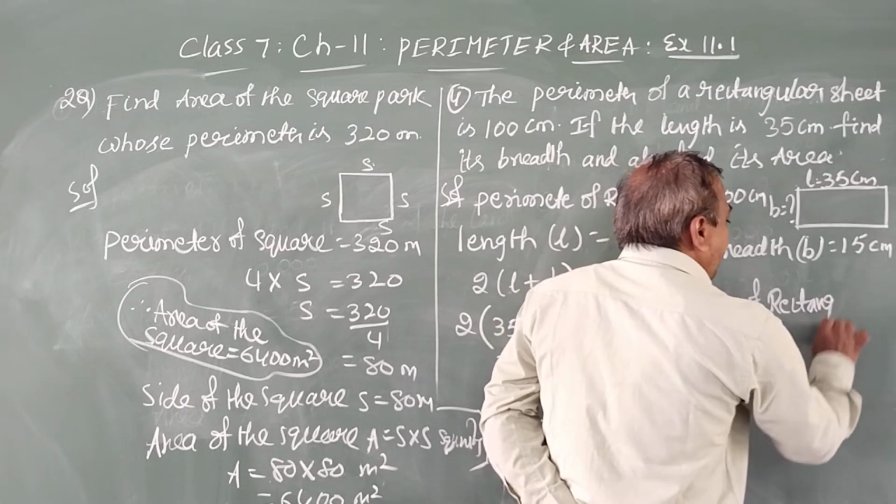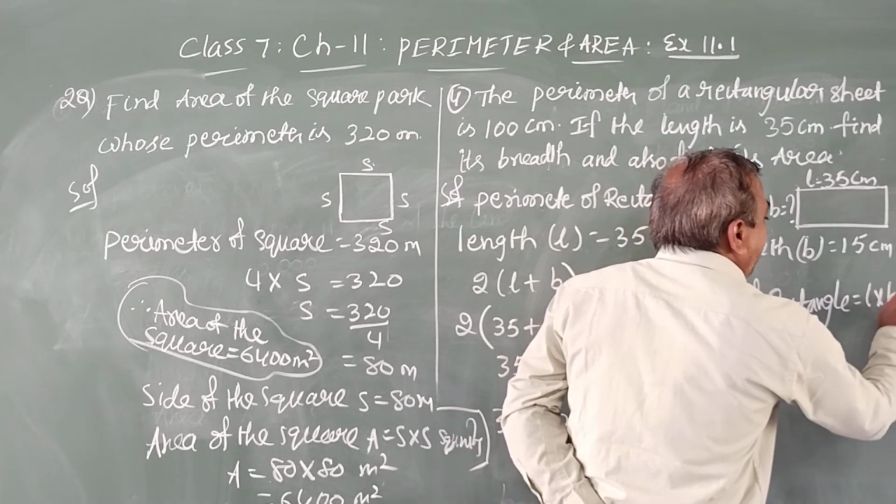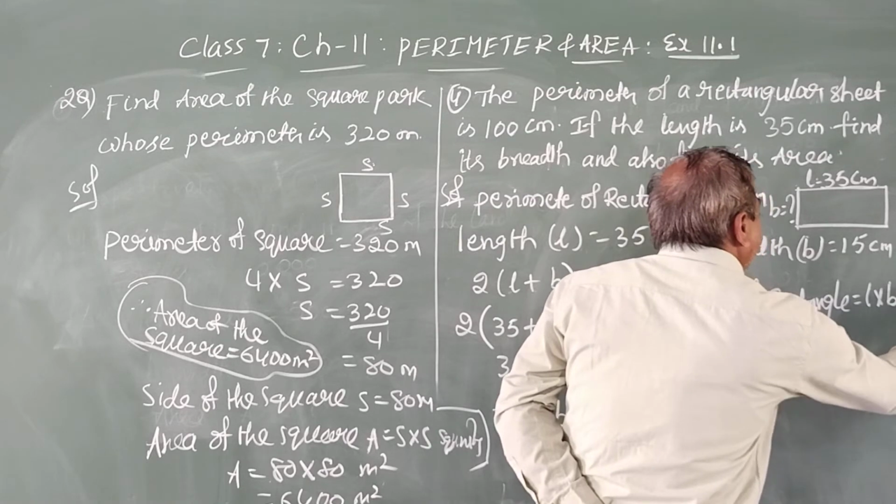Area of rectangle is equal to L into B square units.